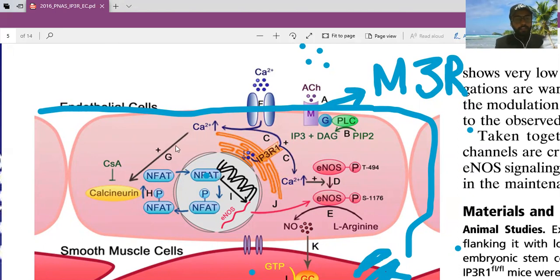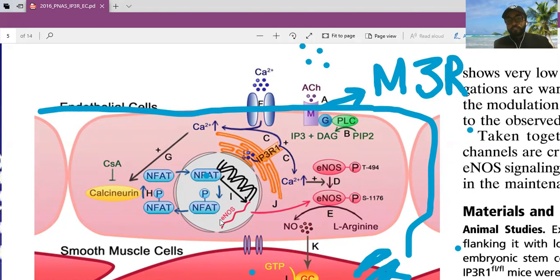This calcium then will activate calcineurin, which is a molecule present in the endothelium of the blood vessel. And this calcineurin then activates NFAT. And this NFAT then will open up the gene. Which gene?